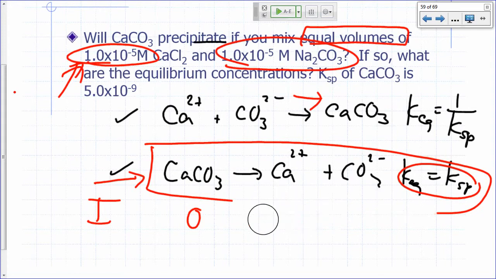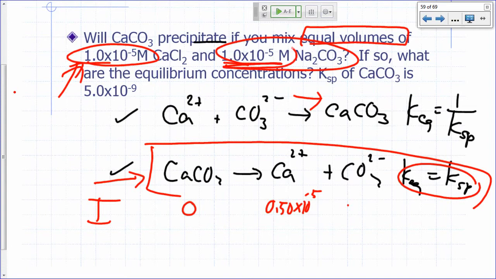Okay. So initial concentrations, 0 for calcium carbonate, you don't have any. This is 0.50 times 10 to the negative 5th. Your carbonate is also half of this original concentration because, like I said, you've doubled the volume when you mix them. So this is 0.50 times 10 to the negative 5th.